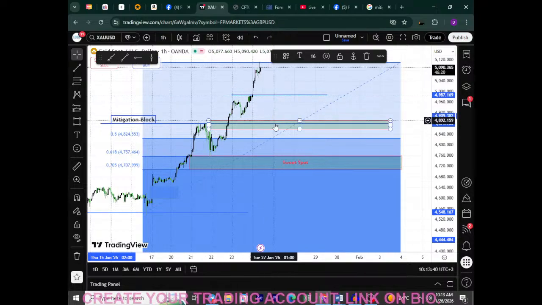So the first level is this level here. The second level is this sweet spot level here. So our work will just be waiting, then pouncing. So you wait, then you pounce mercilessly.